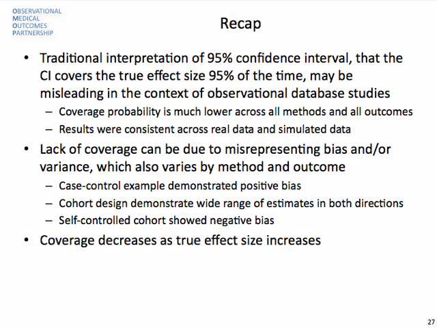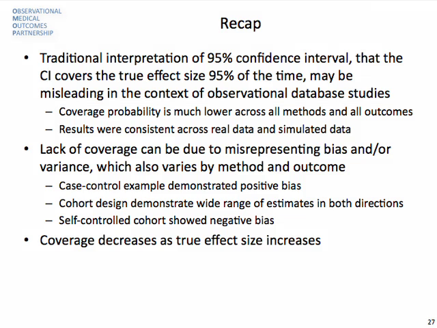Let me recap before I give you the solution. The traditional interpretation of a 95% confidence interval is that it should cover the true effect 95% of the time. And yet what we observed across all methods, across all databases, across all outcomes is that the coverage probability is much lower.